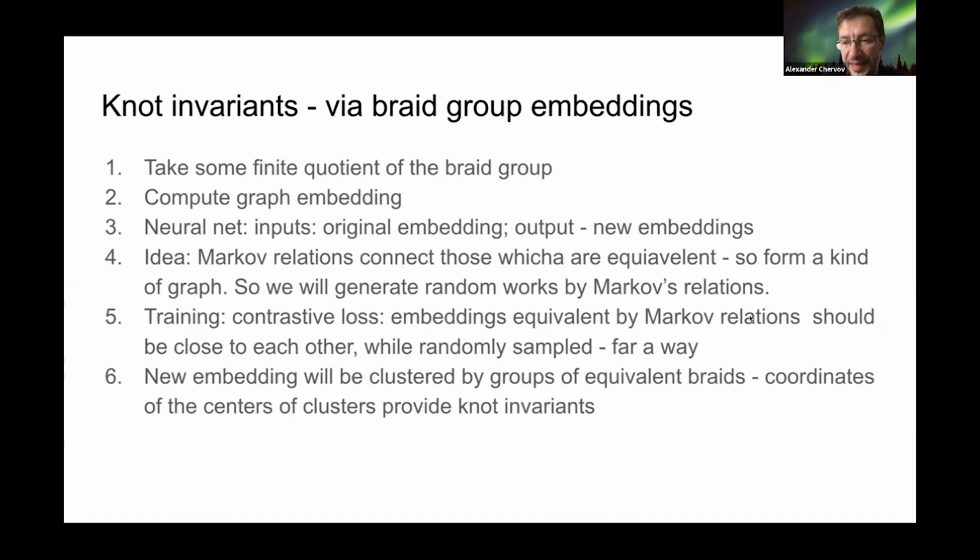That means we connect two embeddings if they are related by a Markov relation, and we have a contrastive loss. If they are not connected, that means we choose randomly. Contrastive loss: you have positive examples which are connected by Markov relations, and negative ones which are chosen randomly.